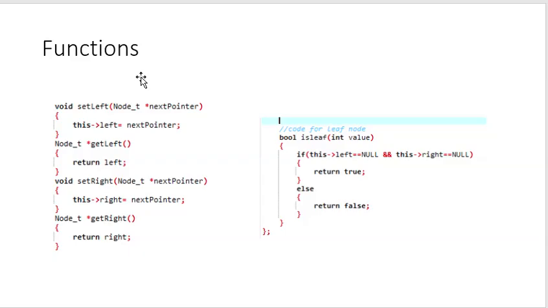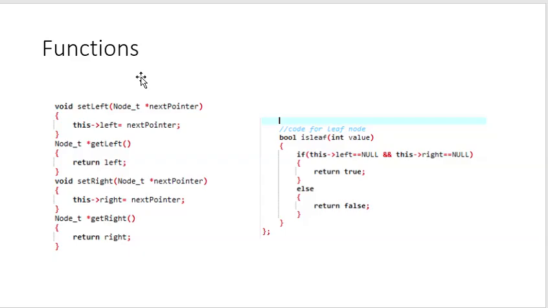Code for leaf node. The leaf node is bool is leaf. We will check if this left is equal to null and this right is equal to null, then return true, else it will be false. That means we check the left and the right, and if they are null, this is a leaf.